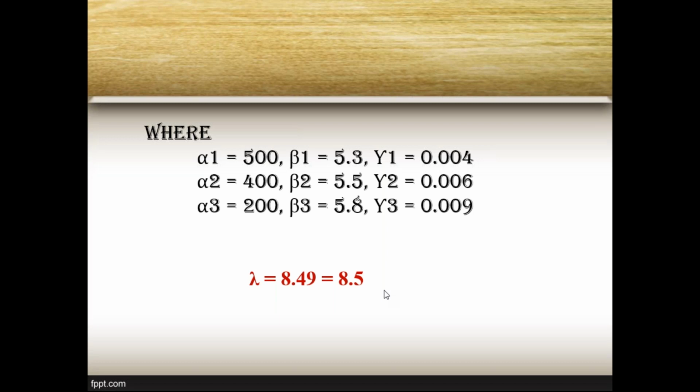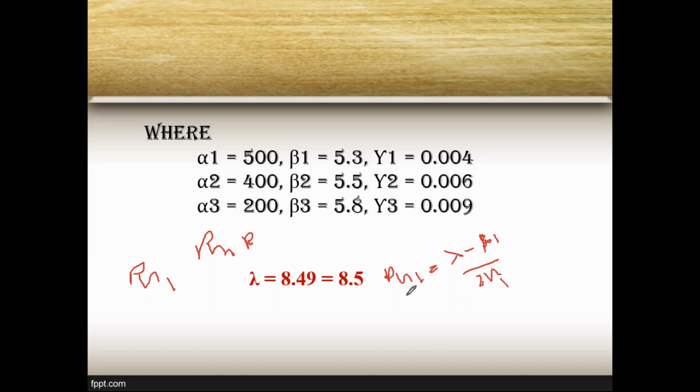Right. See, after finding this lambda value, how can we get Pg1, Pg2, Pg3? By using the third formula. So if you want to find the power generation from plant 1, then you have to use Pg1 equals lambda minus beta 1 divided by 2 gamma 1.